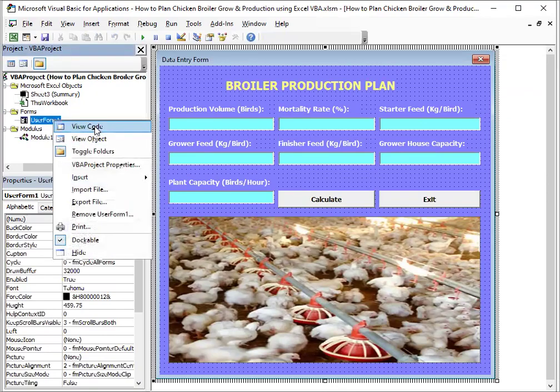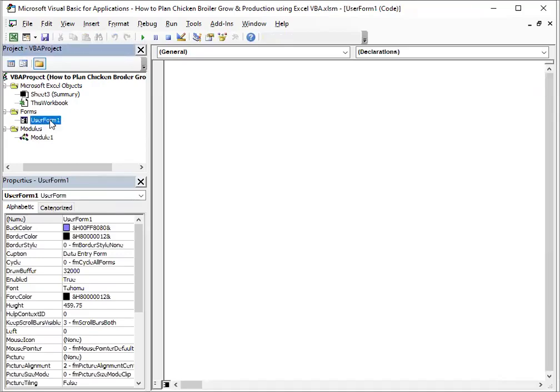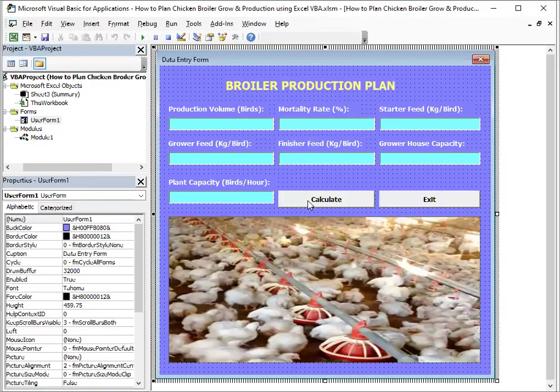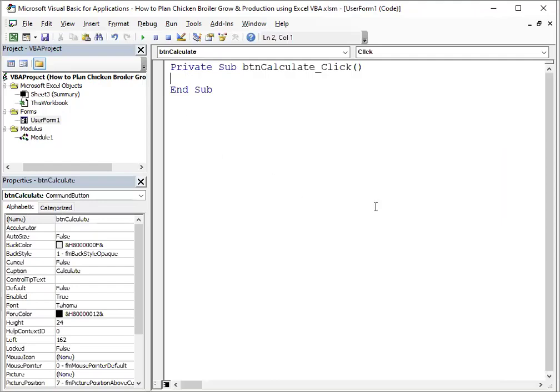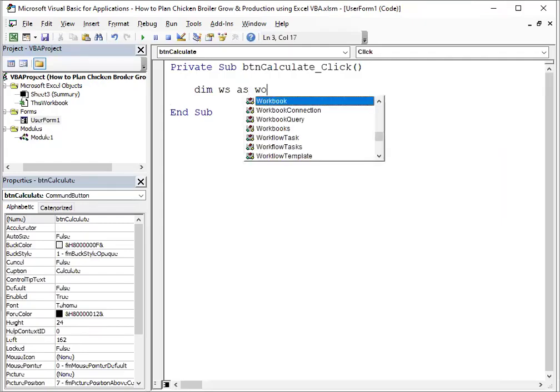I'm going to show you the code for the user form. View code, or rather, what I'm going to do is click on the calculate button, so that we have the private sub already. This one would be shorter, so no problem and very easy to do. The first thing is I'm going to declare the variables: Dim ws As Worksheet.